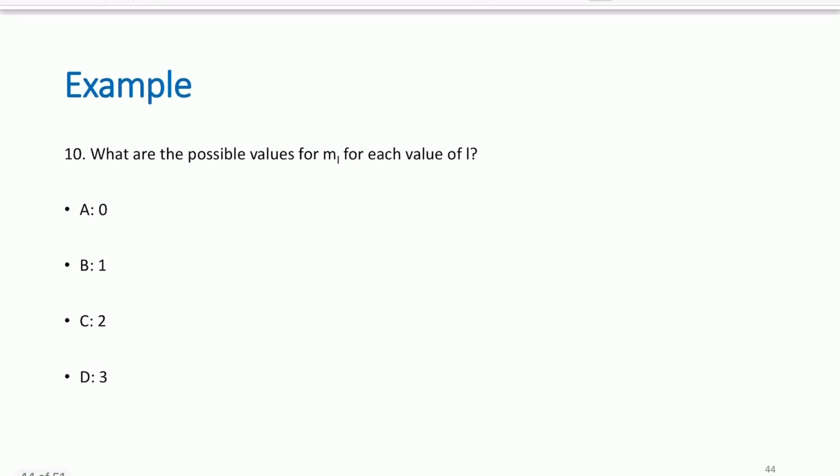What are the possible values of m sub l for each value of l? What is m sub l? m sub l is equal to negative l through 0 through positive l. So if l equals 0, m sub l has to equal 0. m sub l also describes the orientation of the orbital.